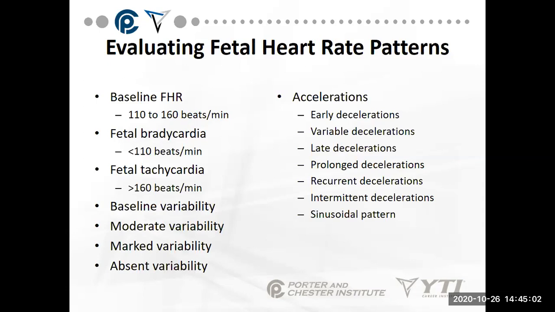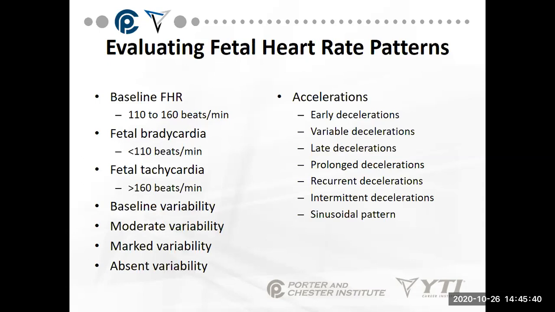So again, when you evaluate fetal heart rate patterns, what you're actually looking for is the baseline, or if there's a slower heartbeat or tachycardia. Again, really important. So you're looking at the baseline and the moderate and the marked variability and any absent variabilities.